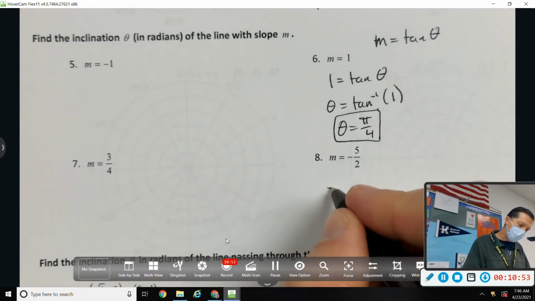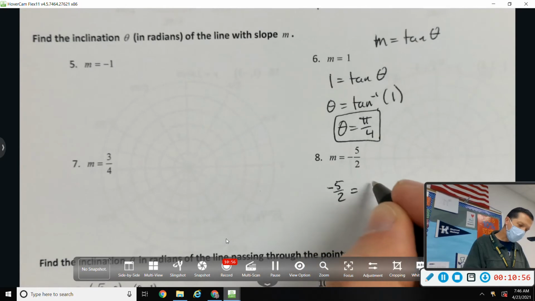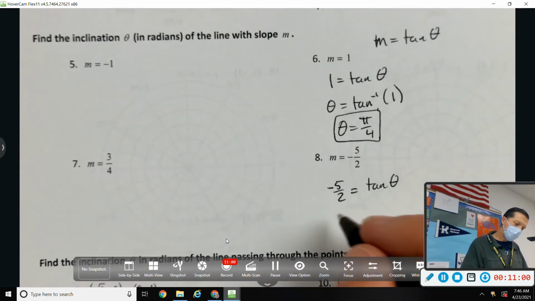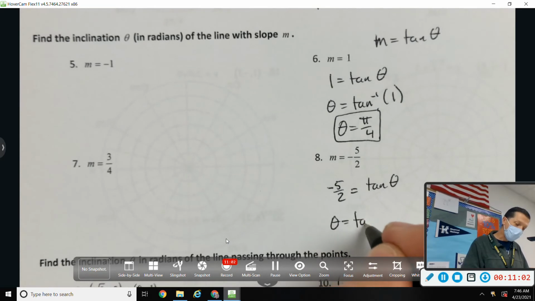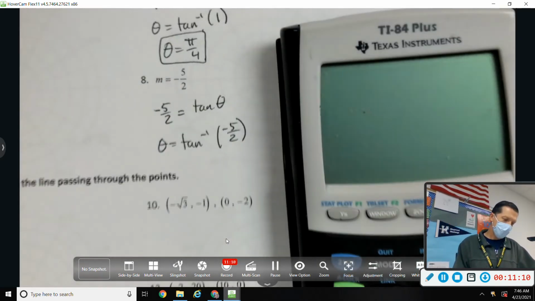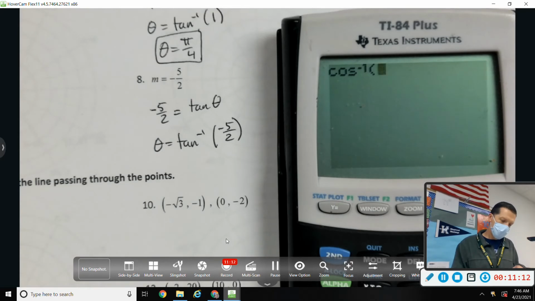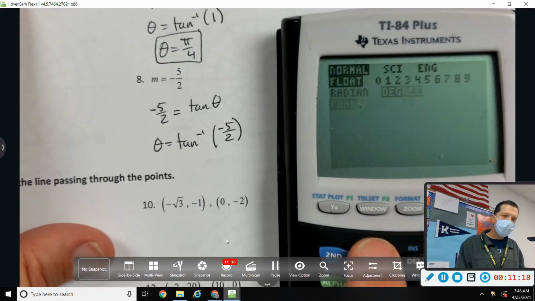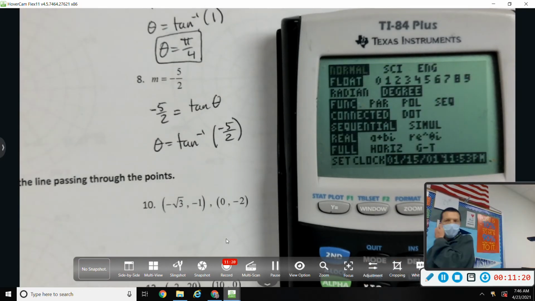Number 8, negative 5 halves equals tangent of theta. Good, that one's not on the unit circle, is exactly right. So I will need a calculator for that one, because that is not on the unit circle. If you know this one, I'll be impressed. We're back to radians, so make sure you're in radians, especially since you were in degrees yesterday.